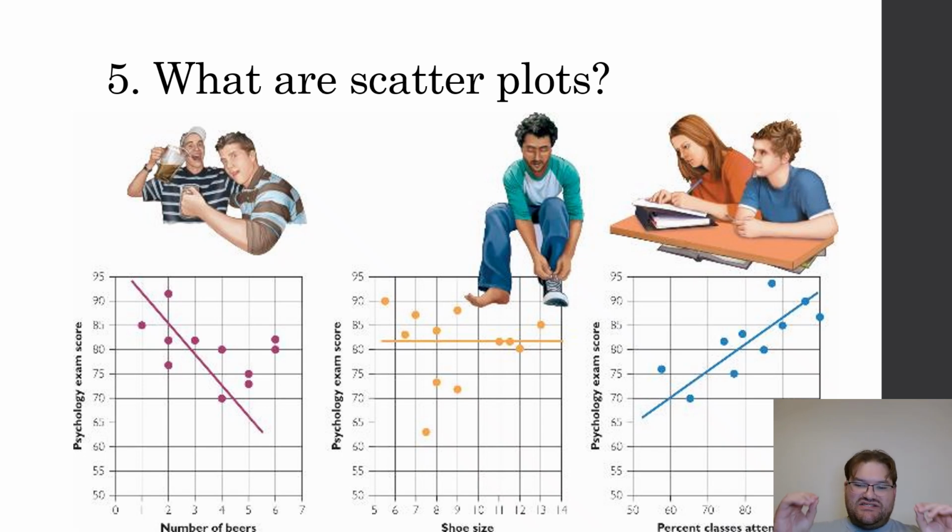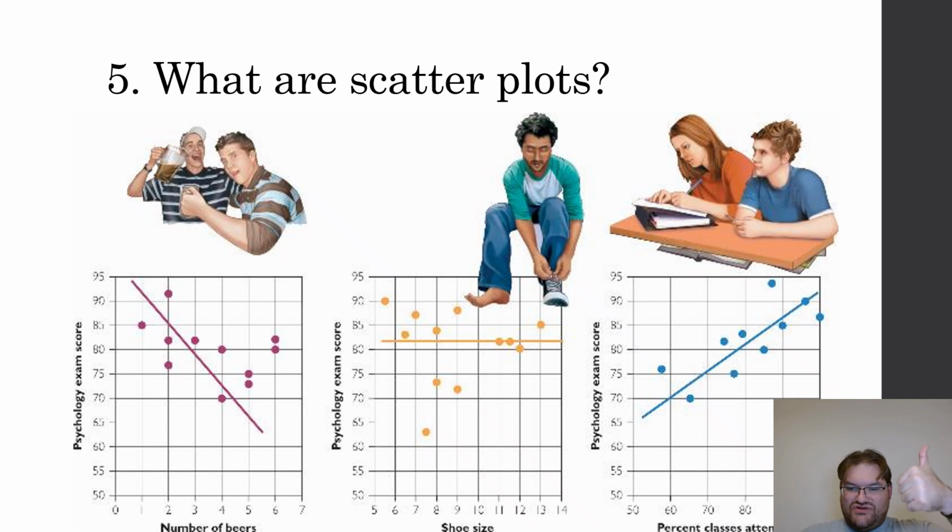There is a positive association between psychology exam scores and percent of class attended. So let's say that this is a positive correlation with a correlation coefficient of 0.8, for example. That'd be really high.